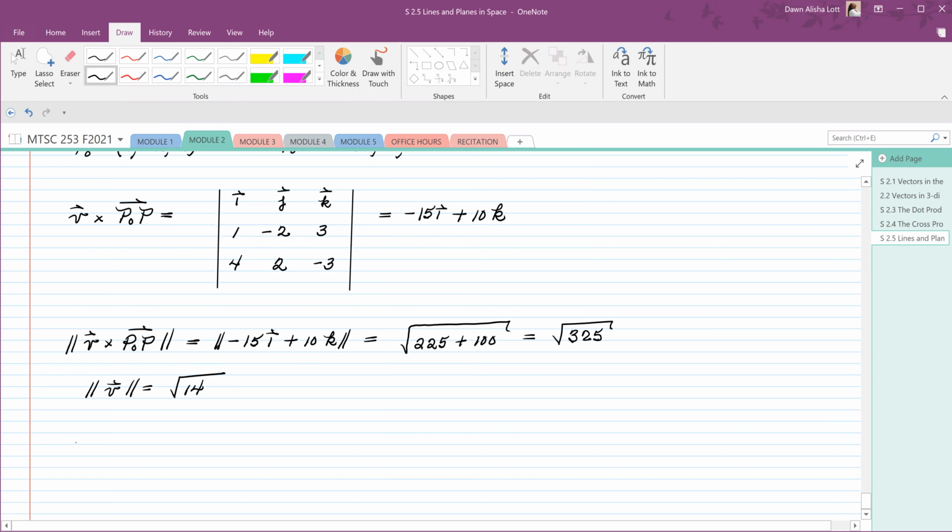So therefore the distance between P and the line L turns out to be the square root of 325 divided by the square root of 14. And that's the length.